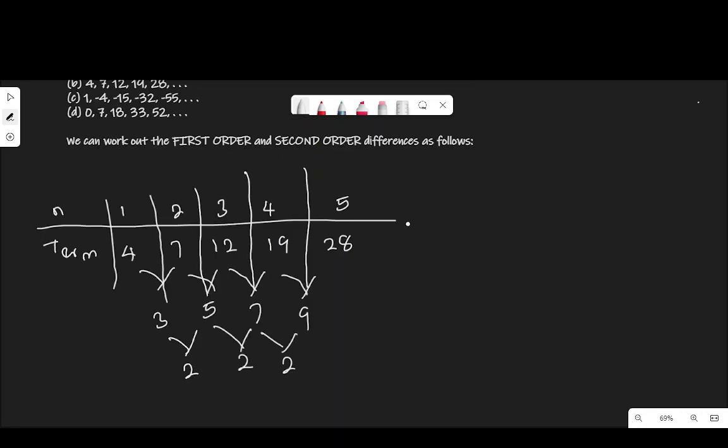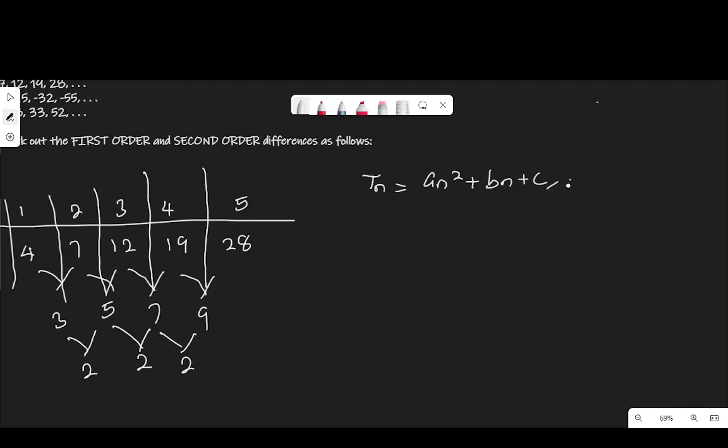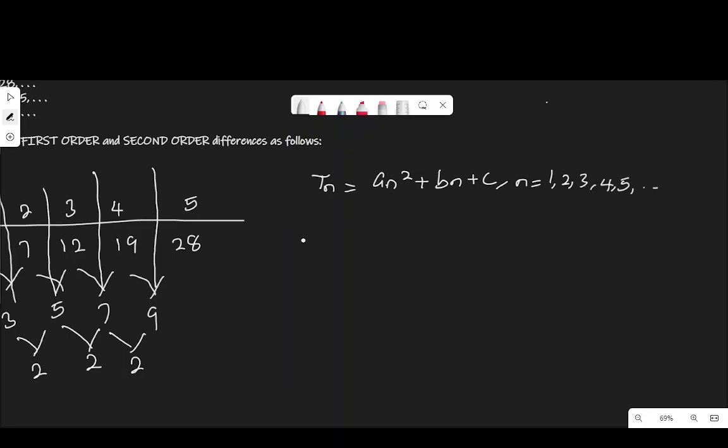Now we'll prepare another table for the nth term. Remember, the nth term is Tn equal to an squared plus bn plus c. Now let's substitute the values n equal to 1, 2, 3, 4, and 5 into this formula, so we generate another sequence.